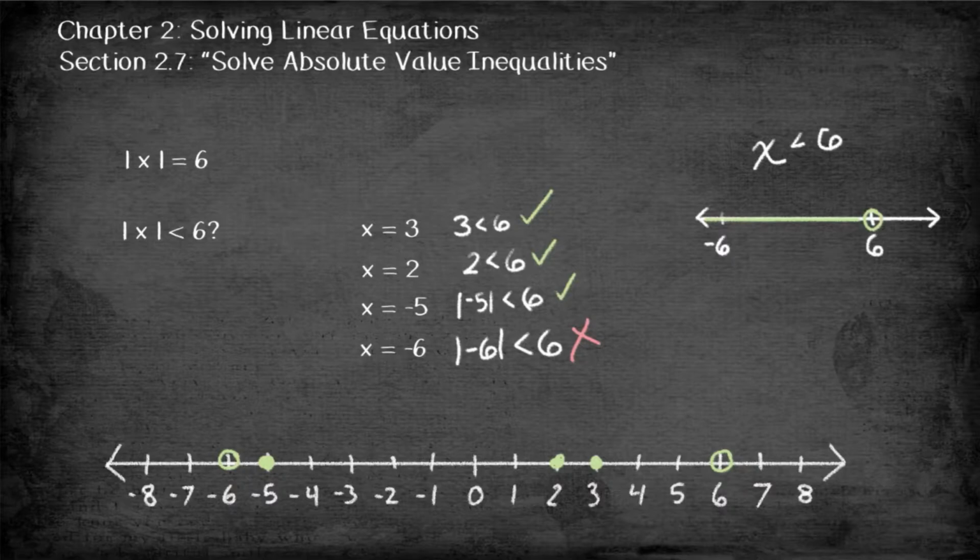There's only one thing that the solutions of this inequality could do. They have to be in this interval. That is, x has to be greater than negative 6, but has to be less than 6. Which is exactly the interval negative 6 to 6, both with parentheses.